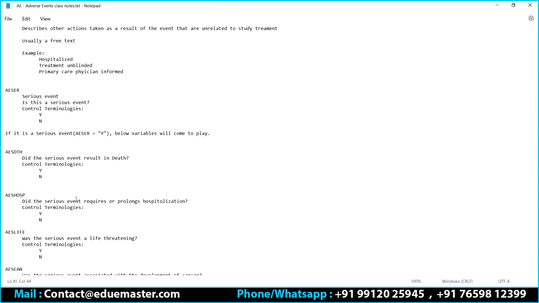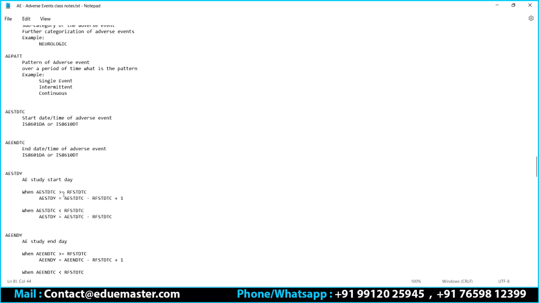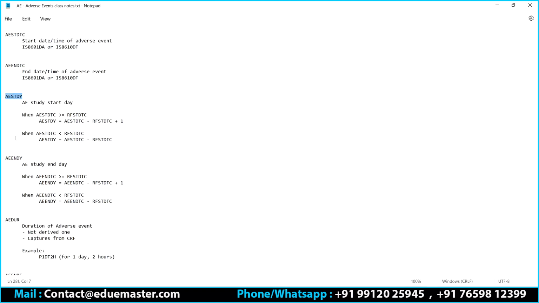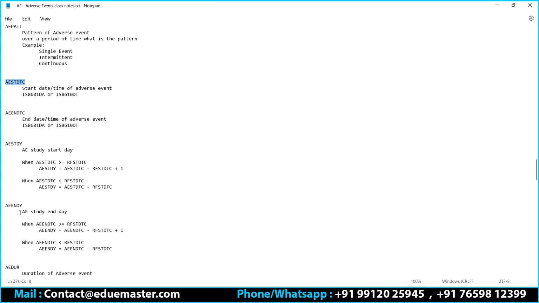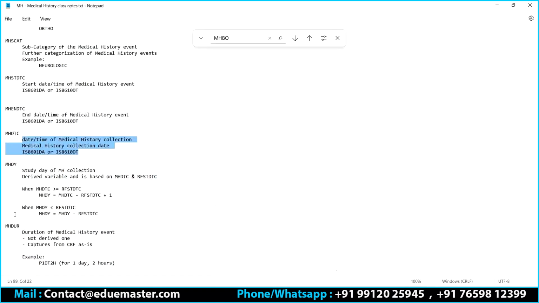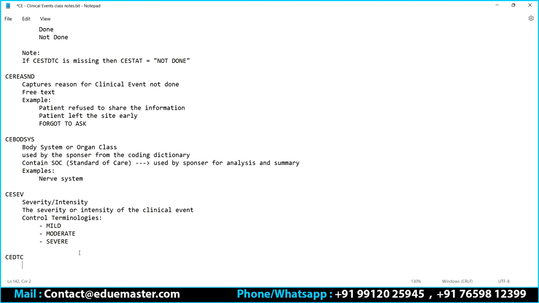Then you are going to calculate the end, and again you are going to calculate the references. There are a lot of date and time periods we are going to calculate here. Correct? You can see study start date, all these things you are going to calculate here. But when it comes to this particular one, it is similar to your MH. It is going to talk about when you have collected this particular one, right?